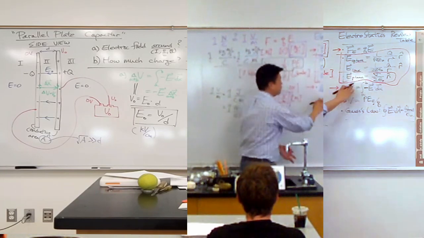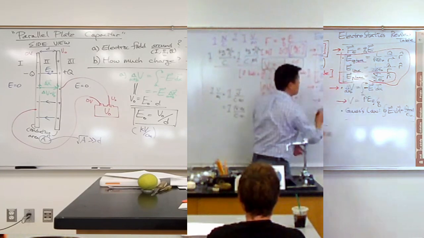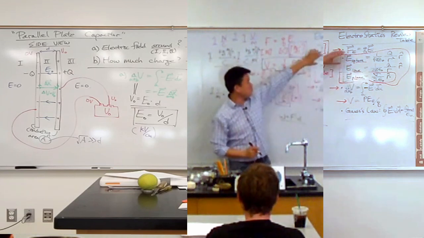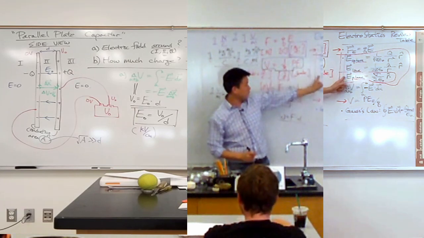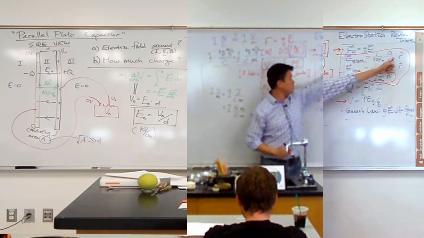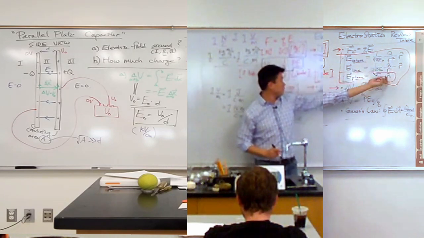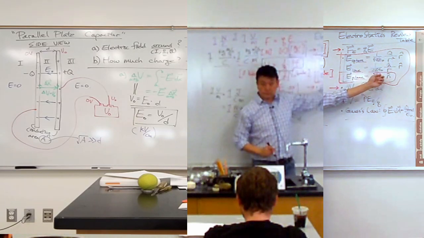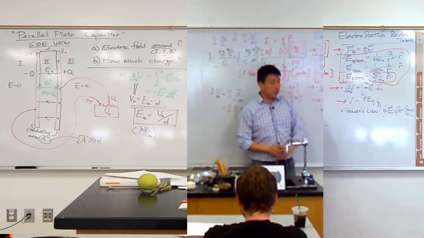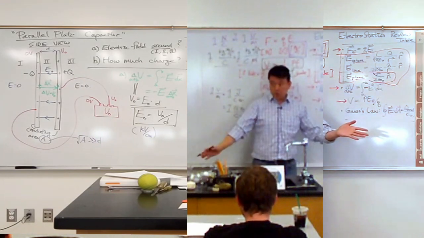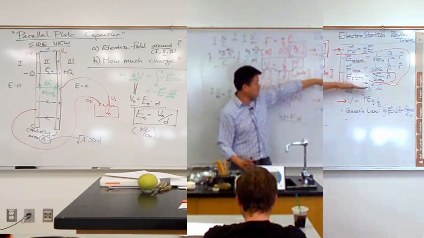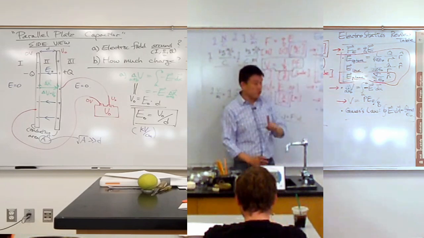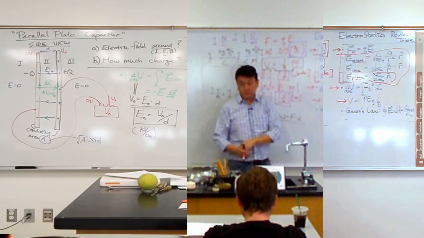You have to apply them for the correct geometry. But when you do, these formulas will always tell you this relationship between electric field and the charge and distance, or here just the charge. So whenever you want to either get electric field from charge or the other way around, charge from electric field, these are the formulas that will connect that, if you are using them for the correct geometry.